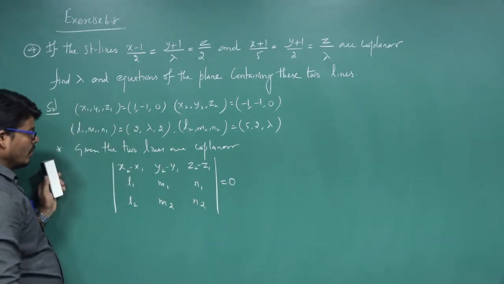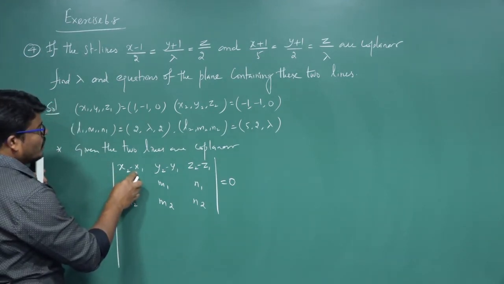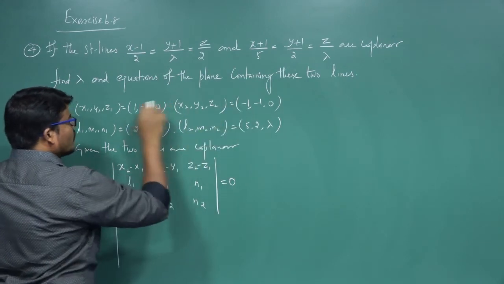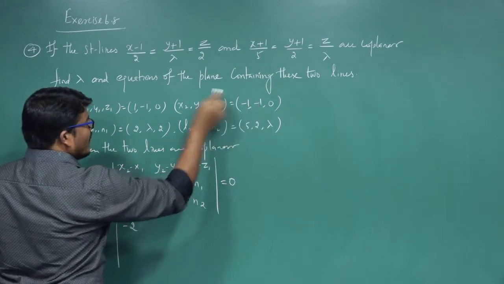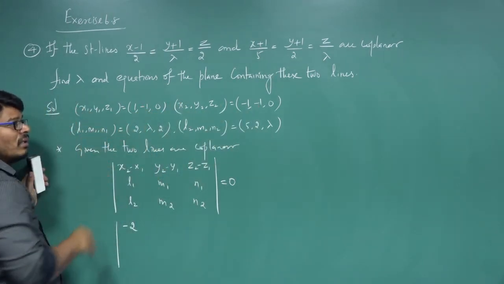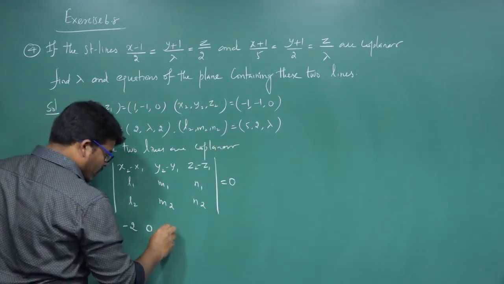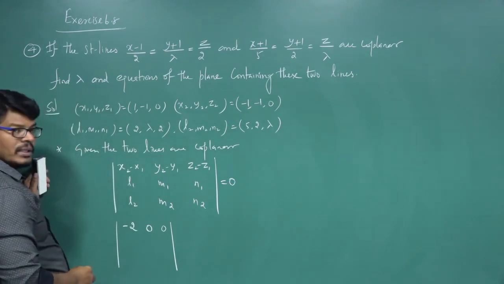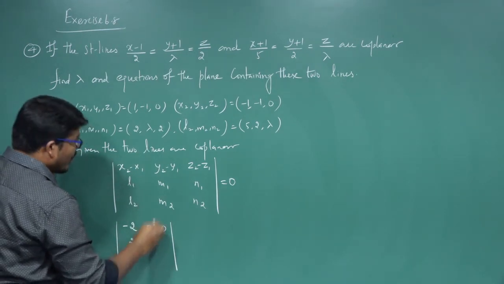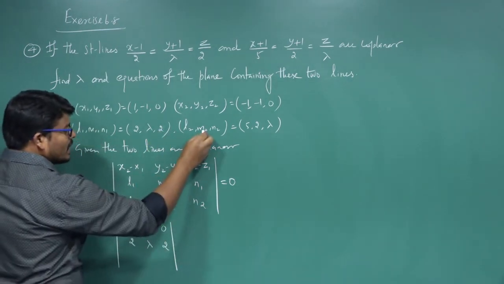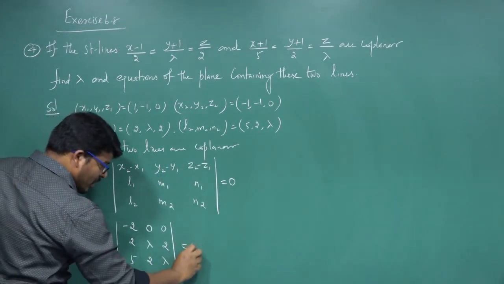Now substitute. x2 minus x1 is minus 1 minus 1, that is minus 2. y2 minus y1 is minus 1 plus 1, value is 0. z2 minus z1 is 0 minus 0, that is 0. Next, L1, M1, N1 is 2, lambda, 2, and L2, M2, N2 is 5, 2, lambda, equal to 0.